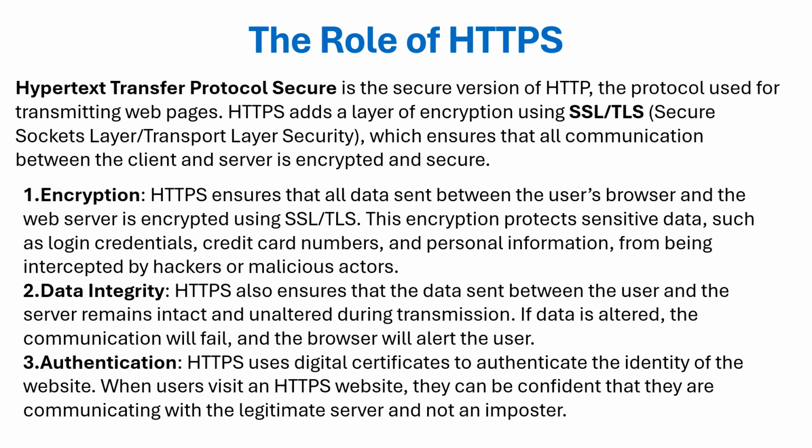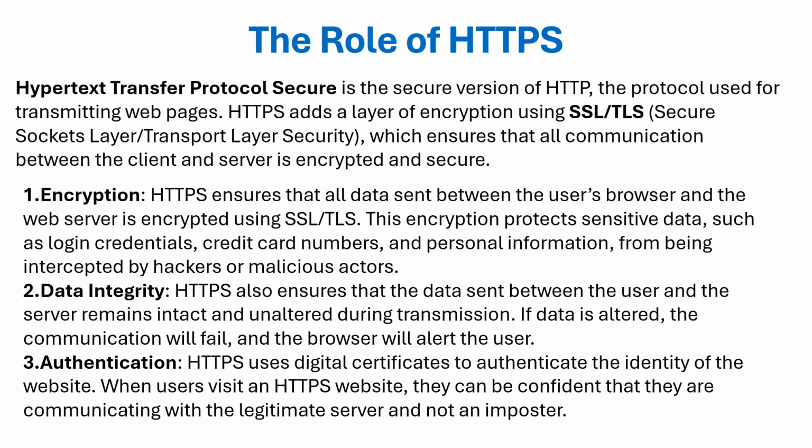Data integrity within HTTPS also ensures that the data sent between the user and the server remains intact and untampered during transmission. If the data is altered, the communication will fail or stop, and the browser will alert the user.